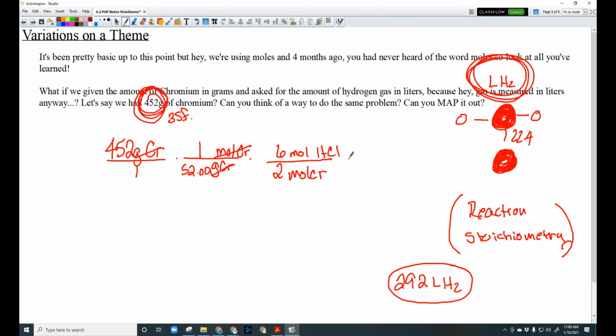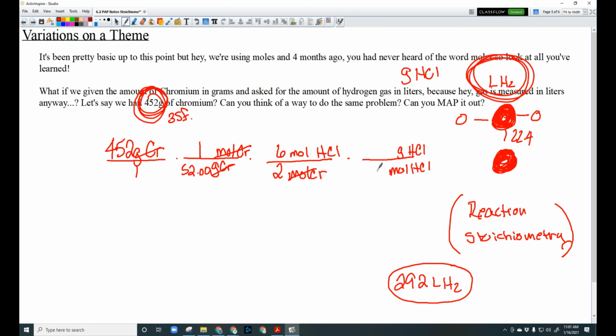Here, we couldn't ask about liters of hydrochloric acid because hydrochloric acid is a liquid, but we could ask about grams of hydrochloric acid. How many grams of that are we going to need? Well, chromium still cancels. So here we have moles of hydrochloric acid, and we'd use moles of hydrochloric acid to grams of hydrochloric acid.